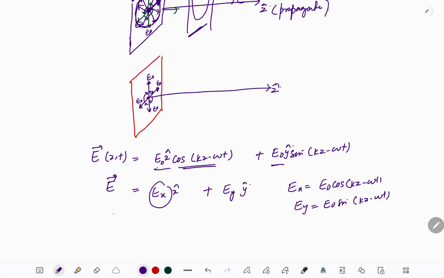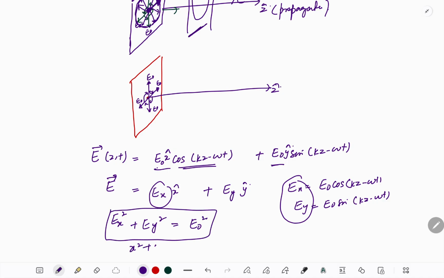If you write Ex square plus Ey square, it becomes E naught square. Isn't it? x square plus y square is equal to a square. So it is an equation of a circle.